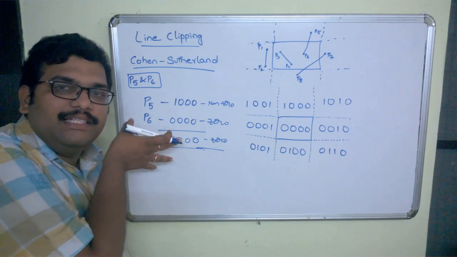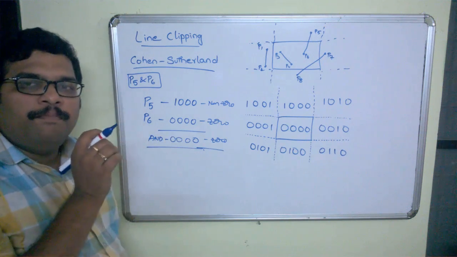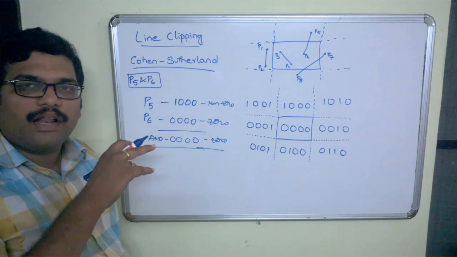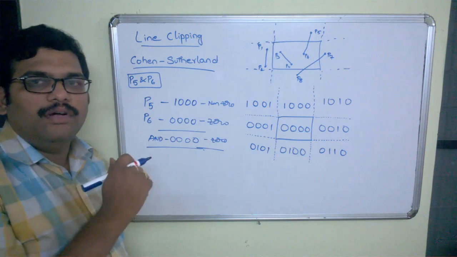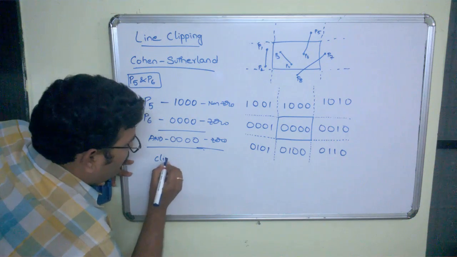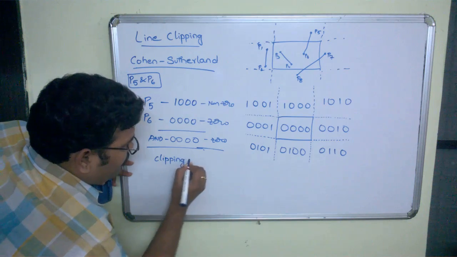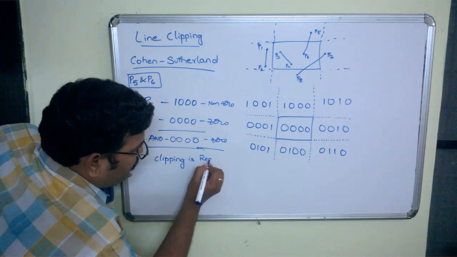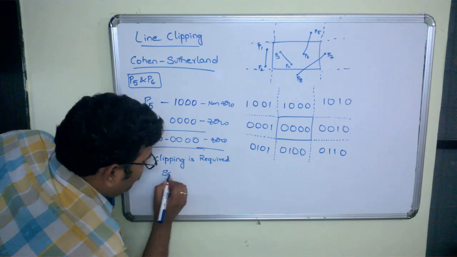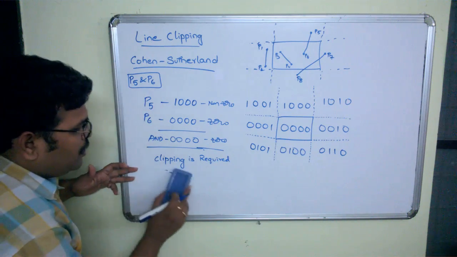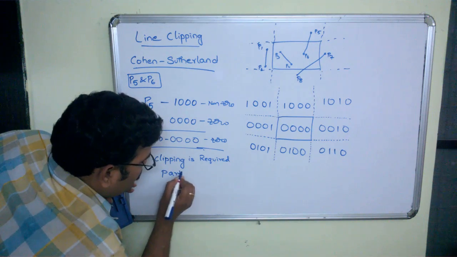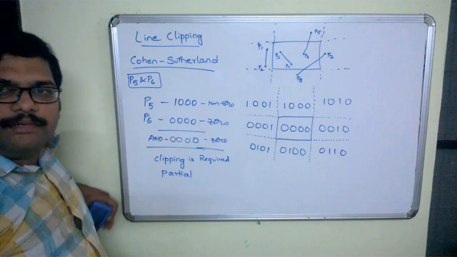This indicates that one point is non-zero and another point is 0 and the result is 0. So in this case some portion of the line lies inside the window and some portion of the line lies outside the window. So clipping is required. Simply we can say it is partial.